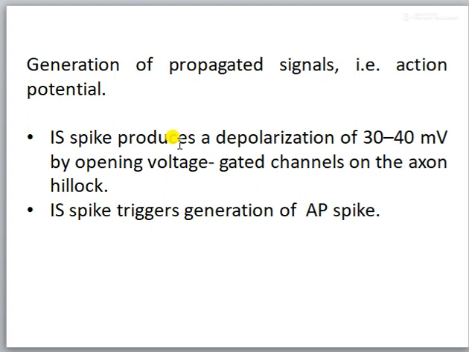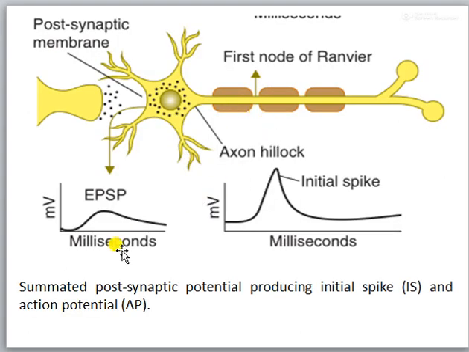This ST spike helps to clear the existing EPSP so that the cell is ready to react to another set of stimuli. This is the graph of EPSP, and in this there is summation of EPSP, and it produces the initial spike and action potential.